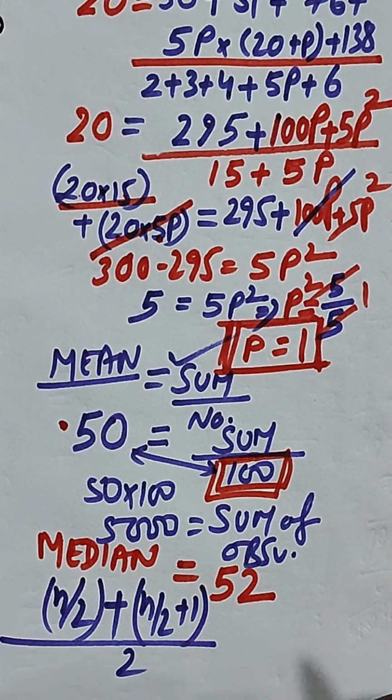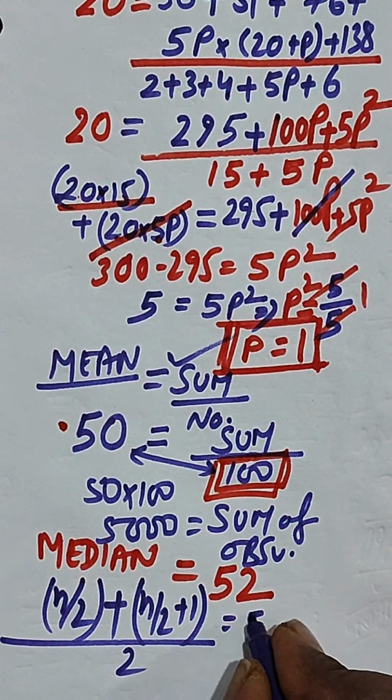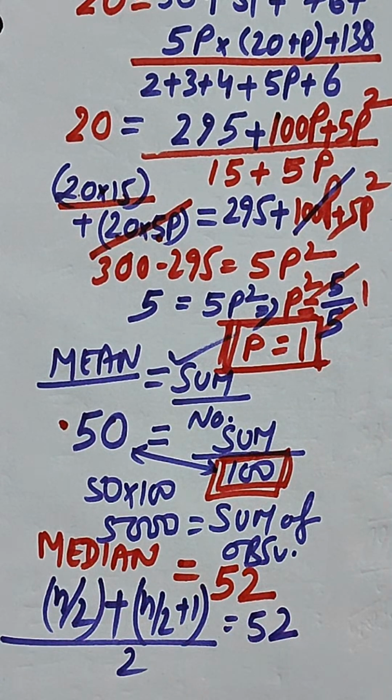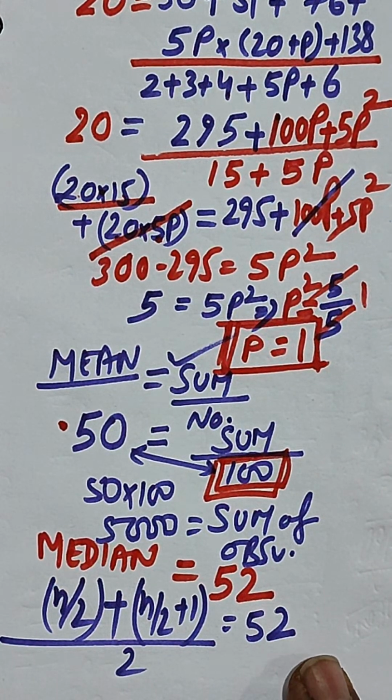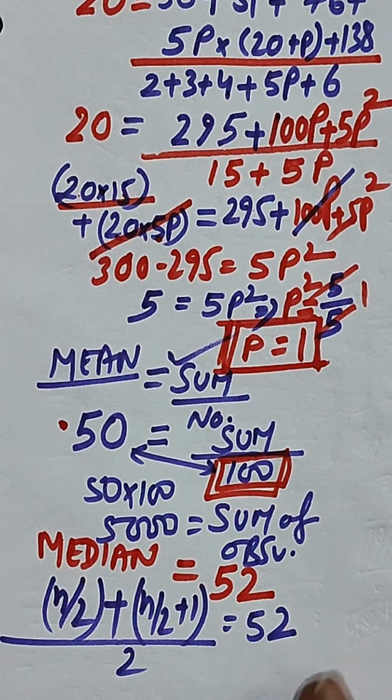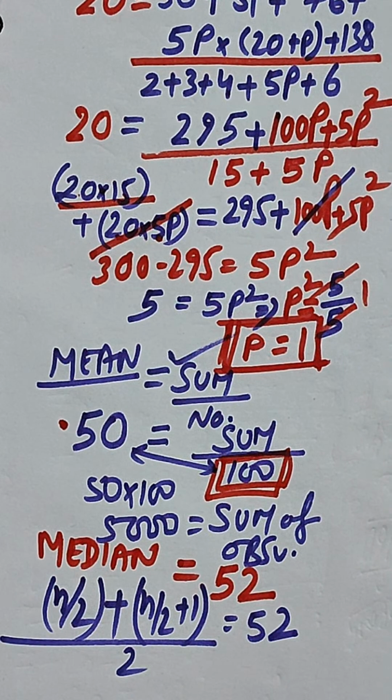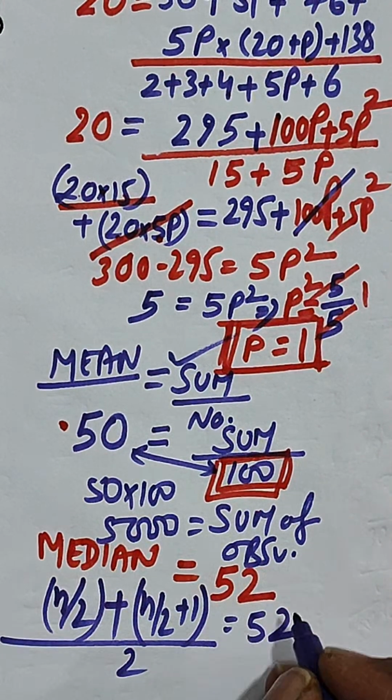This will give you the value of the median 52. Here the correct median is not calculated, but this 52 is considered.